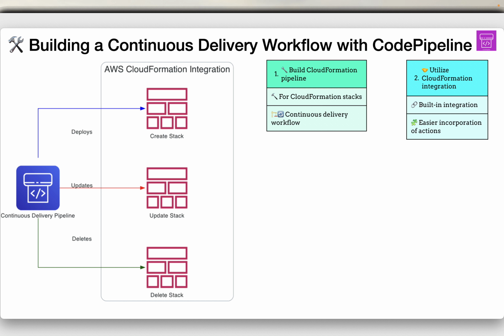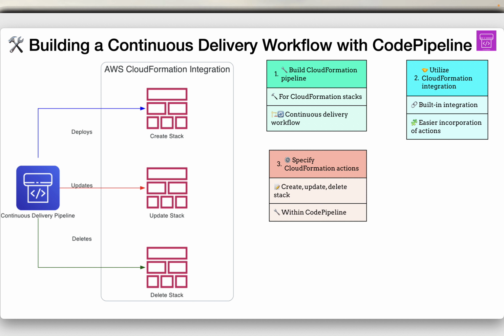CodePipeline has built-in integrations with AWS CloudFormation, making it easier to incorporate CloudFormation actions into your pipeline. You can specify AWS CloudFormation-specific actions such as creating, updating or deleting a stack directly within CodePipeline.